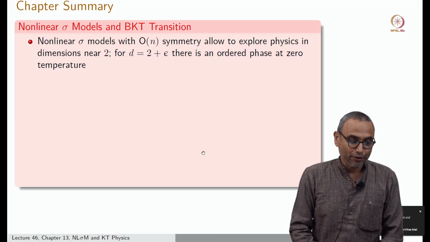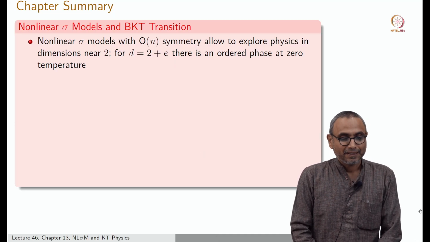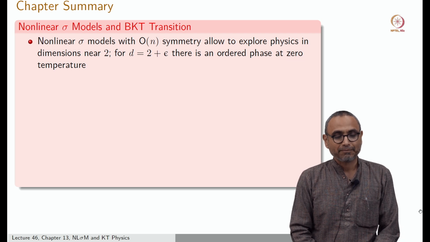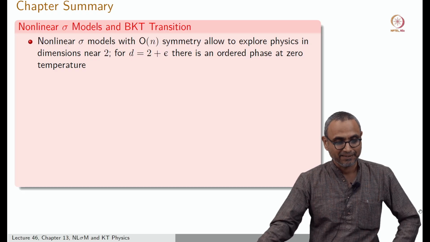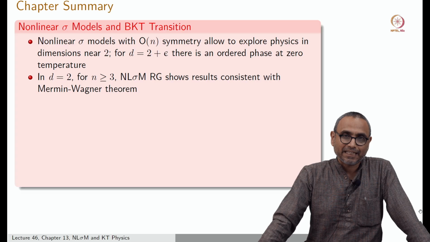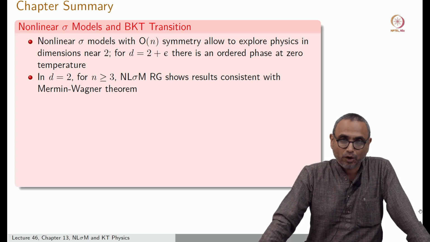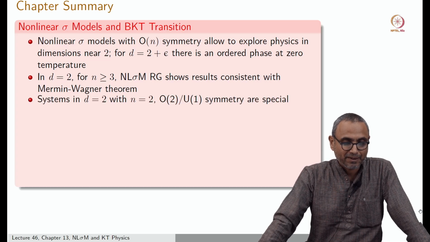So we have seen a lot of things in this lecture. Let us summarize what we have seen. We have seen that the nonlinear sigma model with O(N) symmetry allows us to explore physics near 2 dimensions. We see that all the results are consistent with what we know from other considerations, and we have also recovered the Mermin-Wagner theorem kind of results.